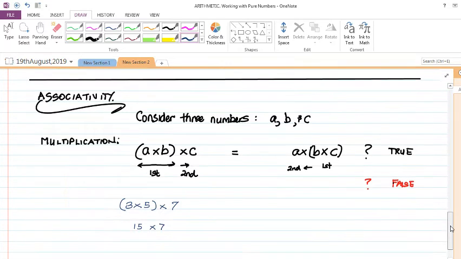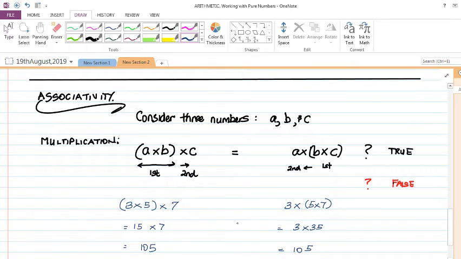And 15 times 7 I think will be 105. Let's consider what happens if I take 3 this time and multiply by the product of 5 times 7. Well, 5 times 7 is going to give me 35, so this works out to be 3 times 35. And 3 times 35 will give you 105.